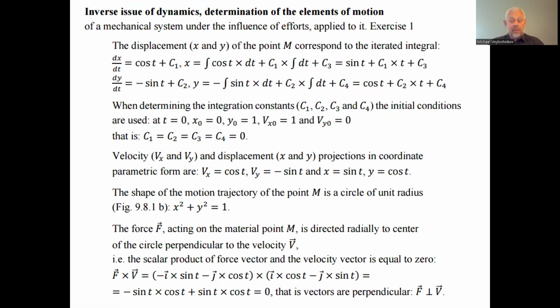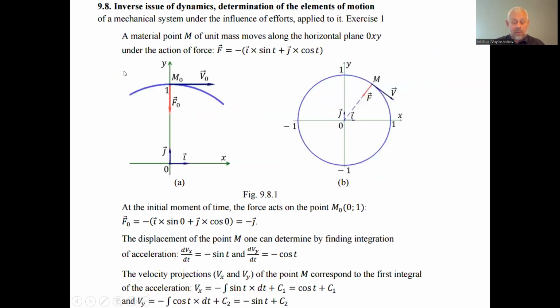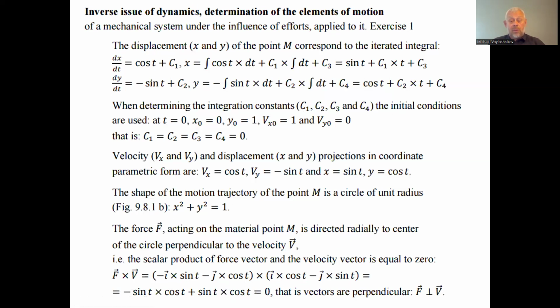And next we can find the displacement, the motion of the point M. The motion we can find by assuming that the derivative of the motion by time is the velocity. The velocity we got previously, we have here. This is the first derivative of the coordinates of the trajectory of the motion of the material point.